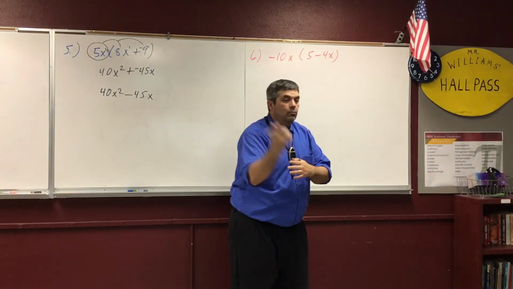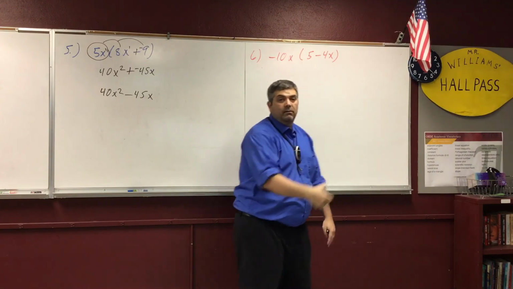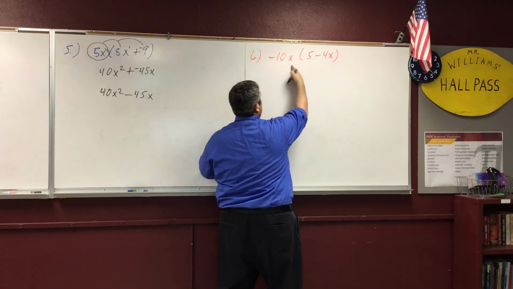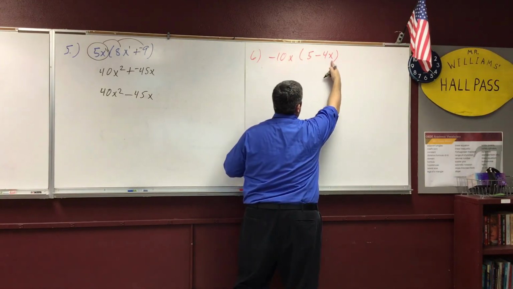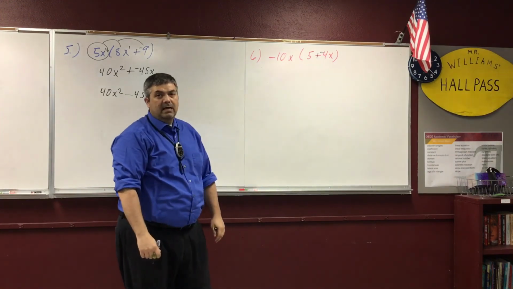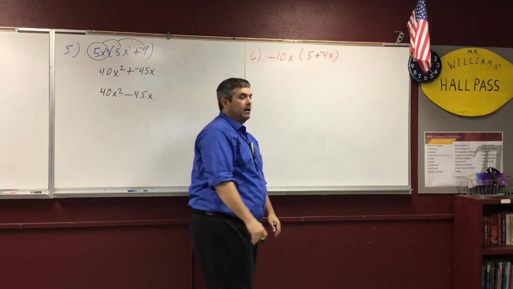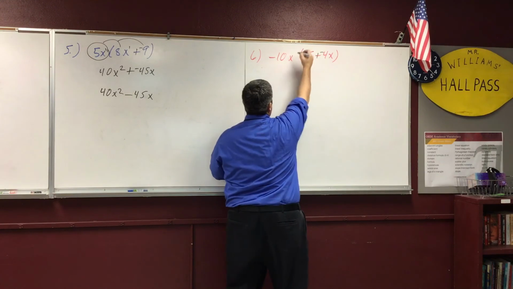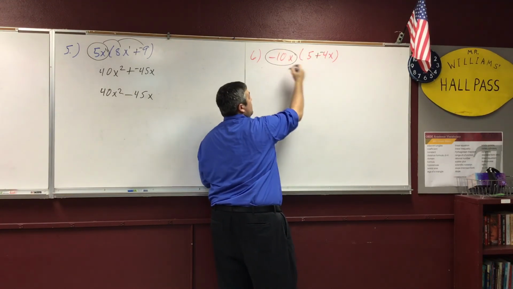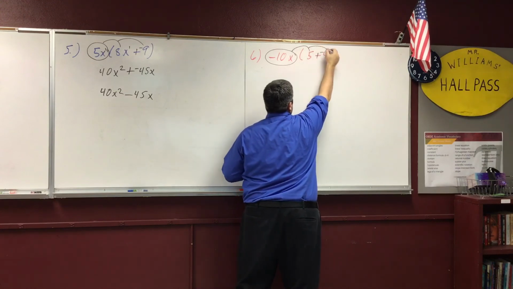Same thing over here. Guys, again, we're just going to see practice after practice of this stuff. The more practice we get, the better we're going to do. All right. Negative 10x, parentheses 5 minus 4x, same thing, take that subtraction, turn it into addition, change the sign of the number behind it. Then you're going to take negative 10x, remember the sign goes with it, and distribute it through.